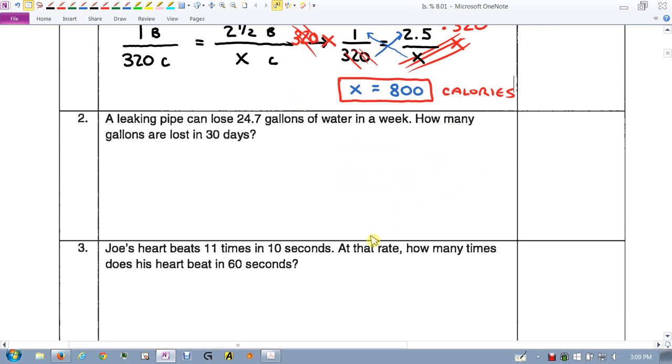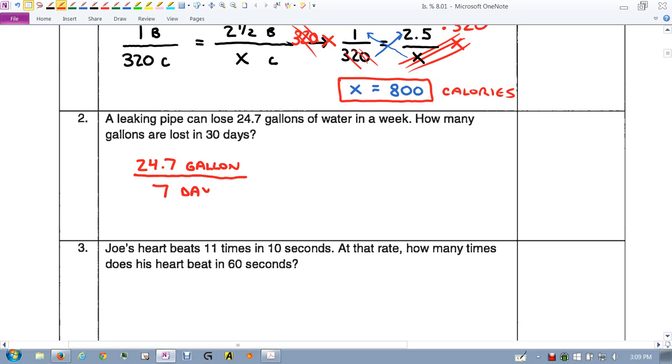A leaking pipe can lose 24.7 gallons of water in a week. How many gallons are lost in 30 days? Tricky. Okay, so look, the first ratio, 24.7 gallons per what? A week is 7 days. Good.